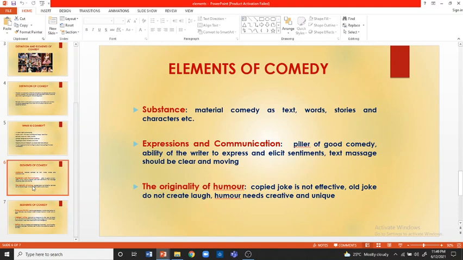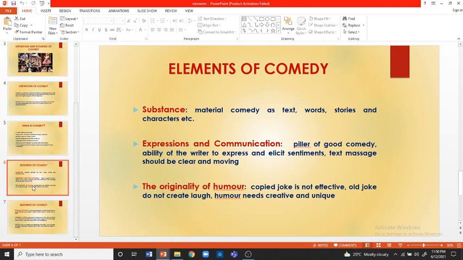When we speak about the element of expressions and communications, the best examples are Shakespeare's comedies, Oscar Wilde's comedies, or the old writer Dante. He is also a good example of expressions and communications.